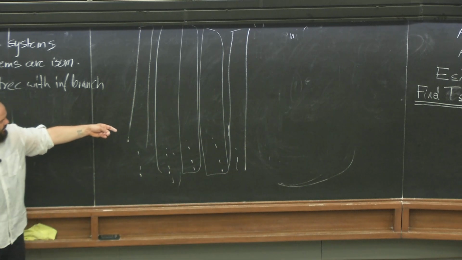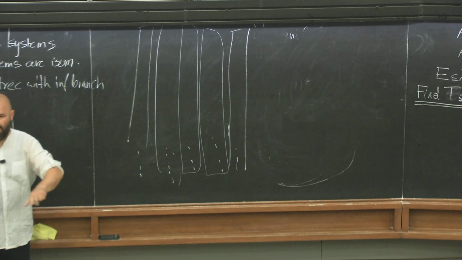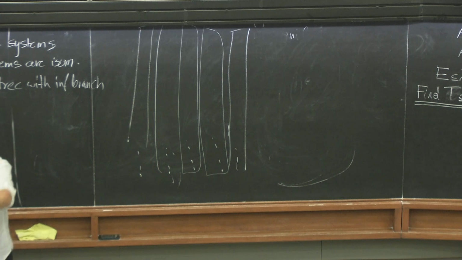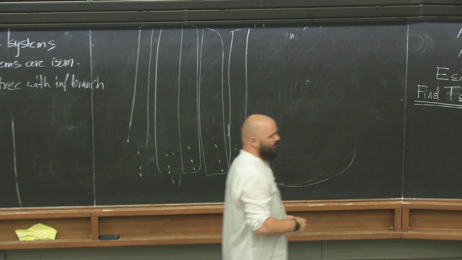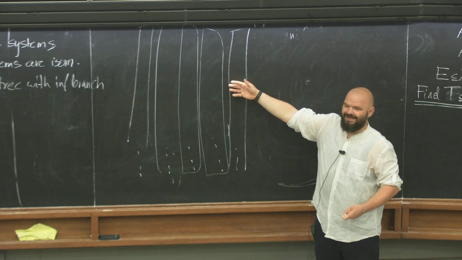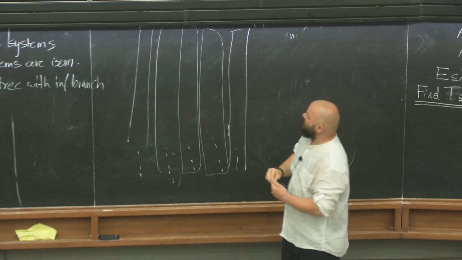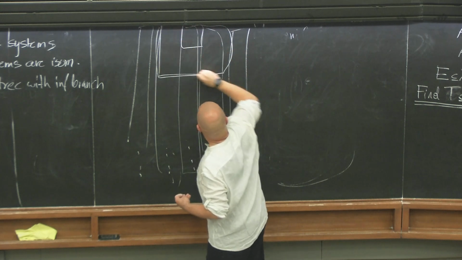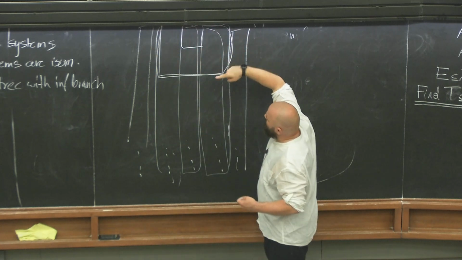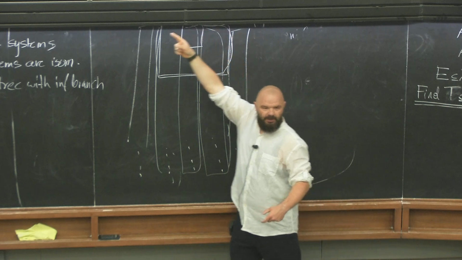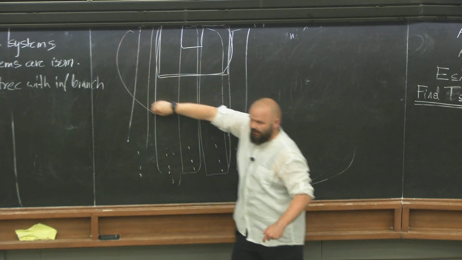So an element in my symbolic system is now an infinite matrix, right? Rows infinite in both directions, and columns infinite down. This is my space, and somebody gives me a tree, and I want to produce a subshift of this space. Now, what is the topology on this space? The topology tells me that two sequences are close if, looking at them as matrices of zeros and ones, they agree on a bigger and bigger central region, okay?